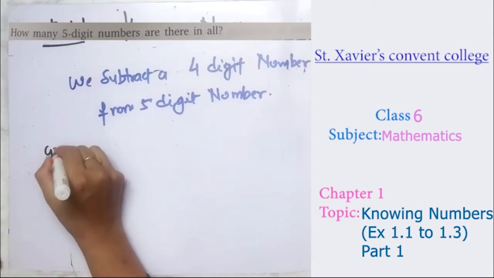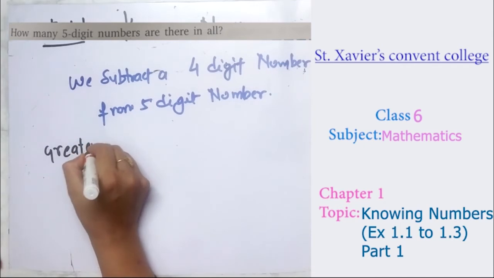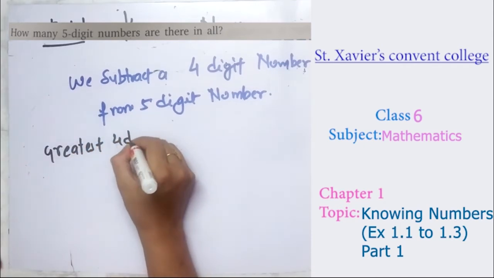So here we have to take the greatest 5 digit number and the greatest 4 digit number.